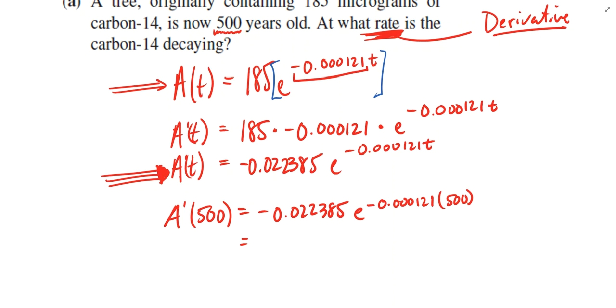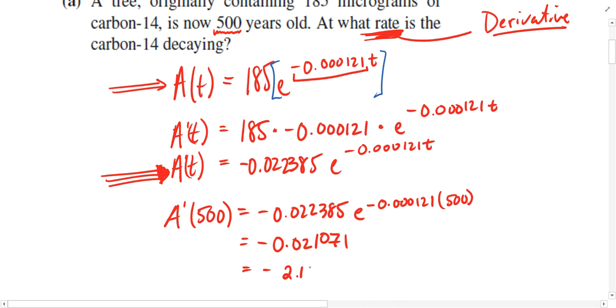My calculator off screen tells me that the result here is negative 0.021071. I'm rounding. This implies a negative 2.1071%. It's decaying at a rate of 2% per year after 500 years.